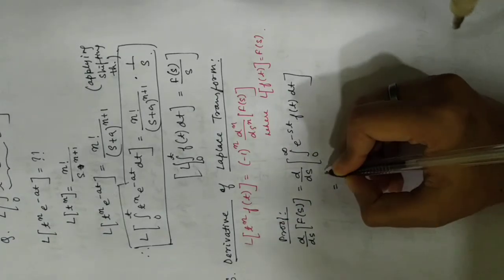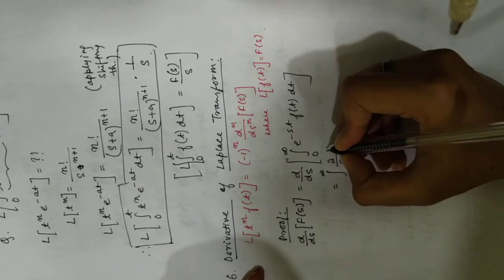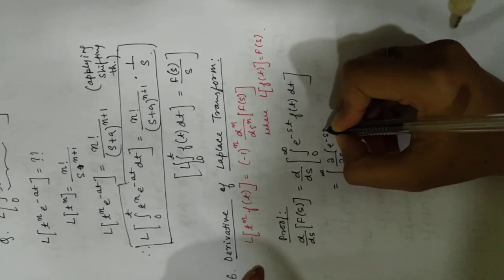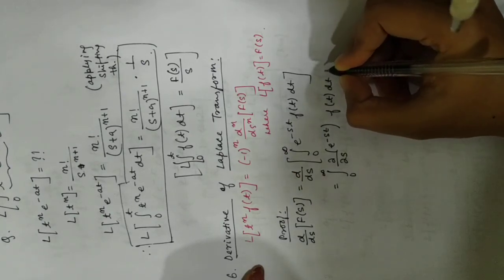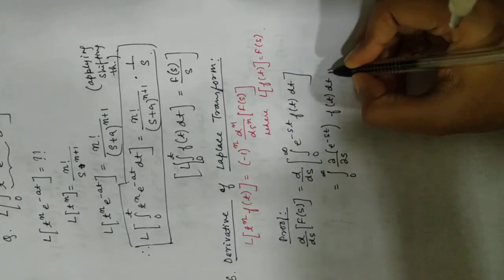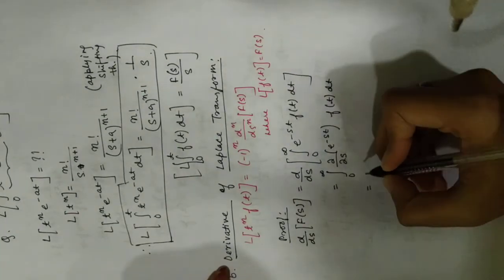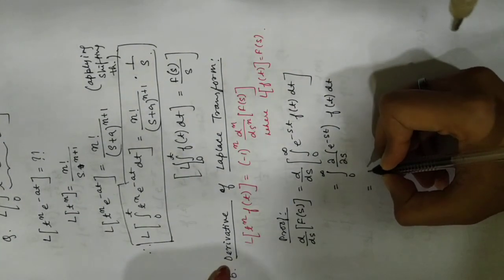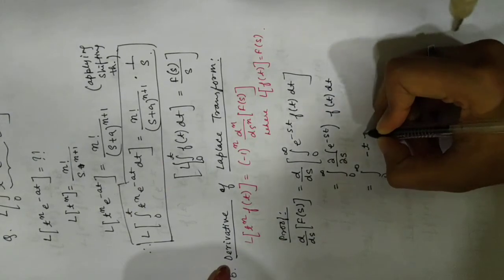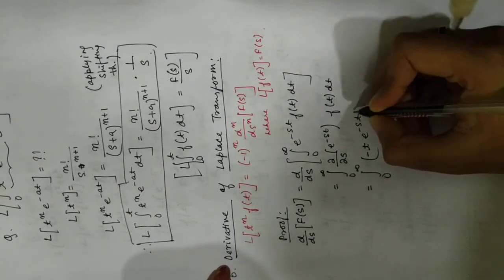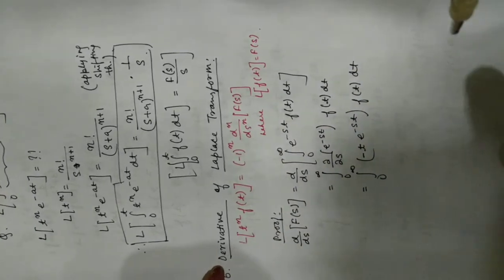So it becomes the integral from 0 to infinity of del by del s of e to the power minus st. f(t) is not affected by that, so it stays as it is, right? So this becomes the integral from 0 to infinity of minus t e to the power minus st. The derivative becomes this, and you have f(t) dt, right?